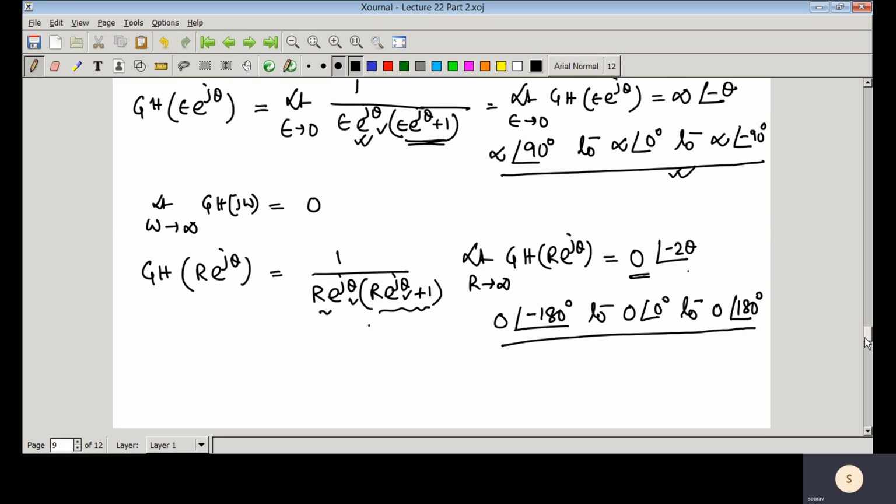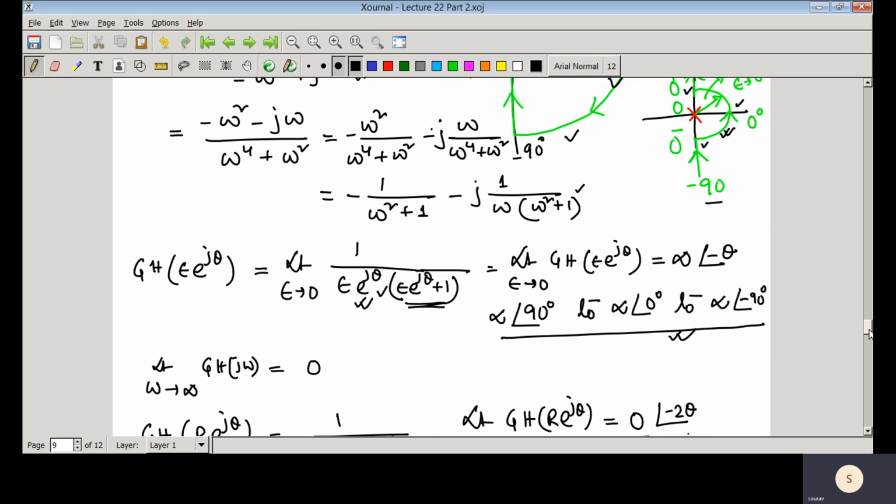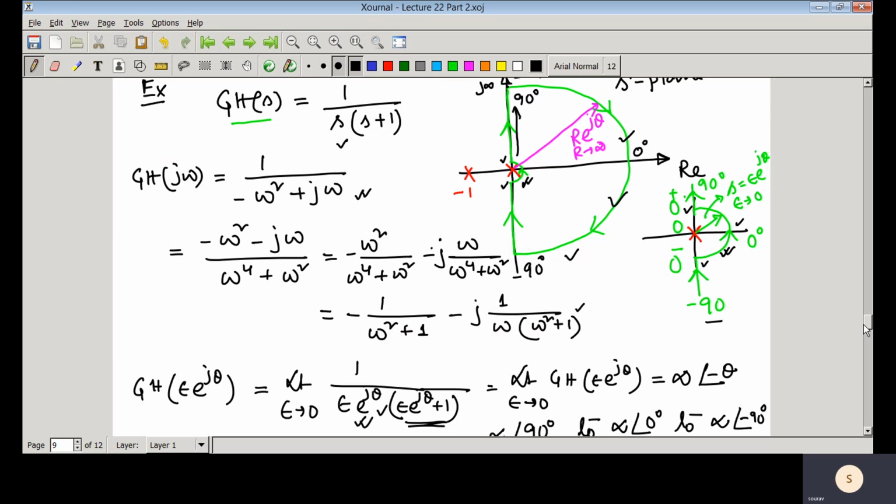So now let us see that whenever omega is tending to infinity, what would be that real part and imaginary part? When omega tends to infinity, that is equal to 0, but when omega tends to 0, you can see here that this part is coming j minus j infinity, but this part is coming minus 1.